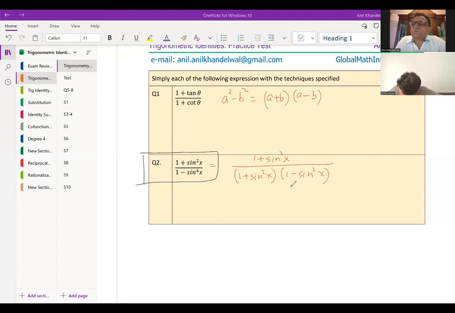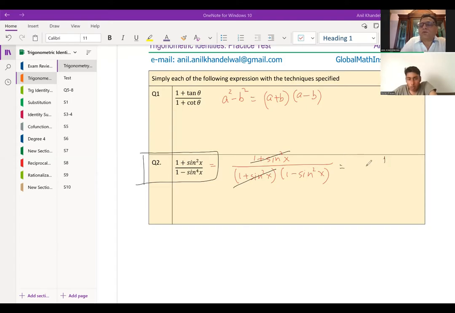Does it make sense? That gives you 1 square minus sine square x whole square, which is sine to the power of 4x, correct? Yes, sir.